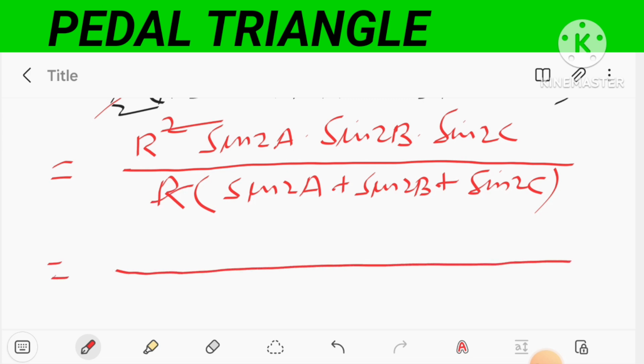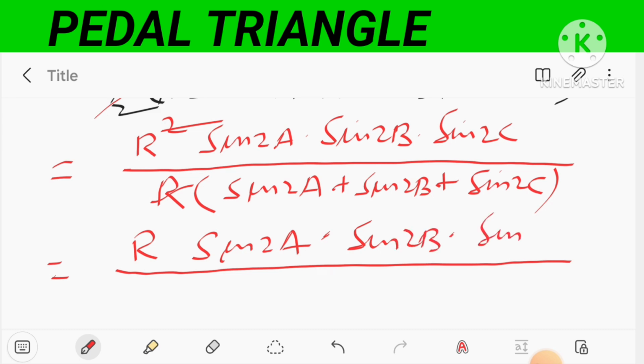R is cancelled out, so we have R sin 2A into sin 2B into sin 2C over that sum.